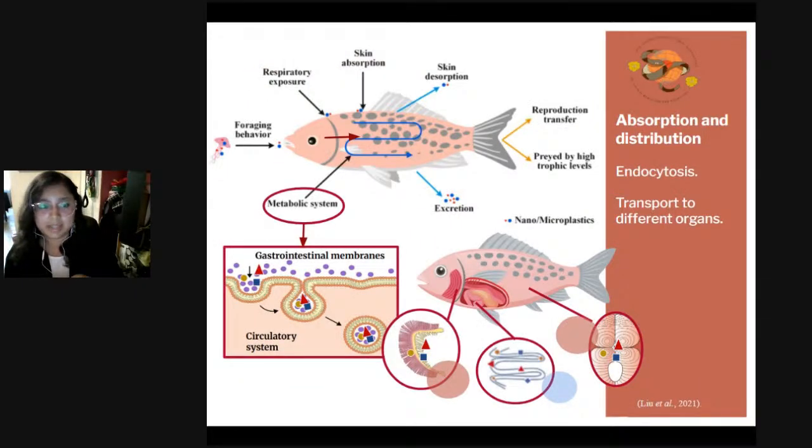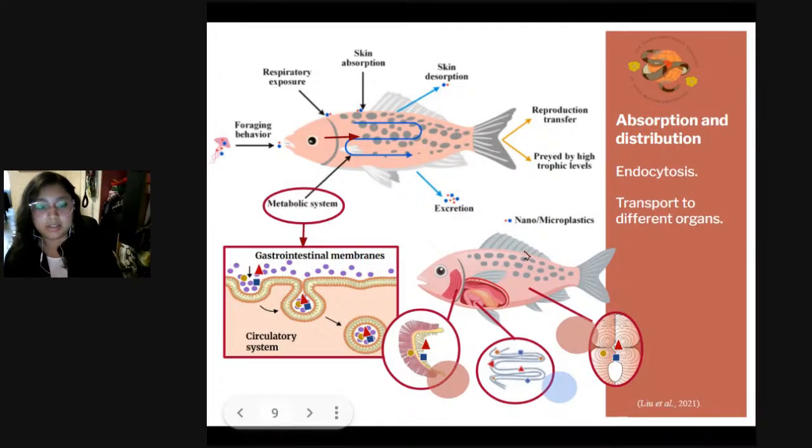Now, when these microplastics are big, they usually get into the guts and remain there. But here is where things get a little interesting. The small microplastics can be distributed into the organism across the gastrointestinal membranes through endocytosis and be transported to different organs by the circulatory system.